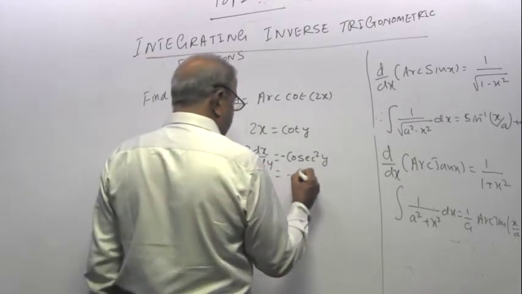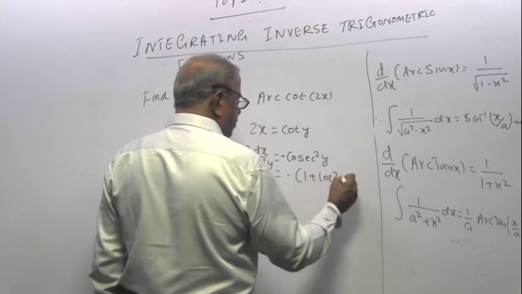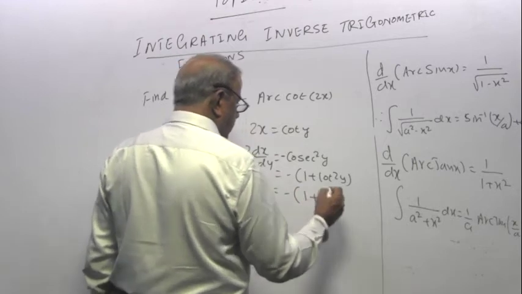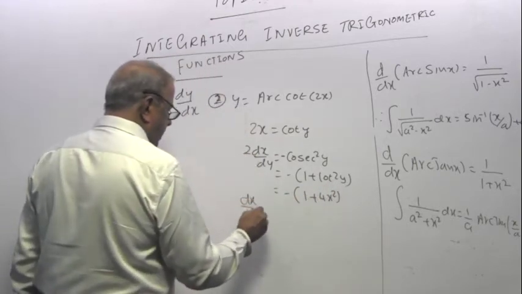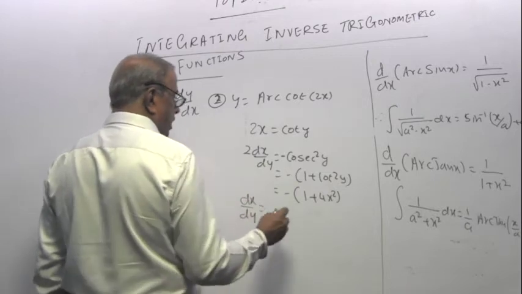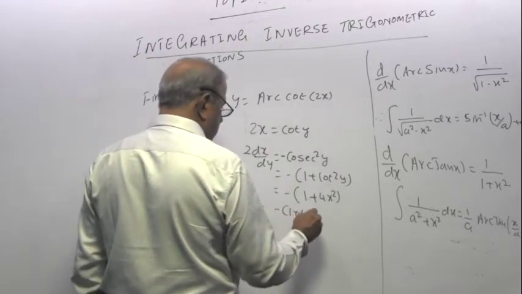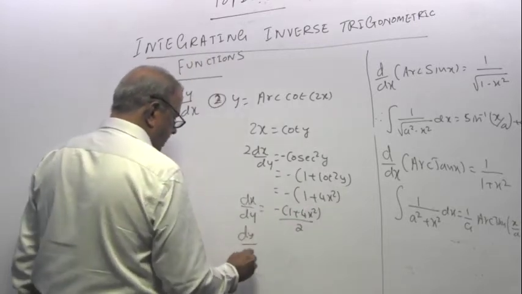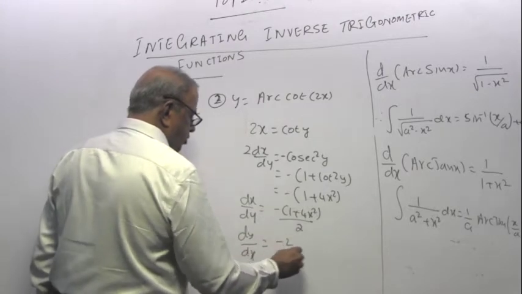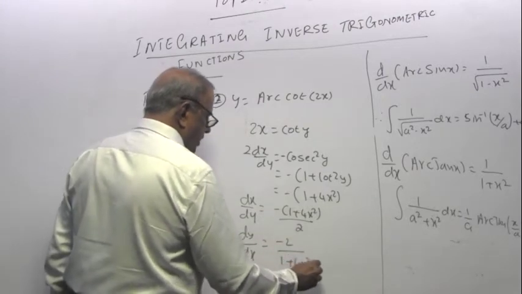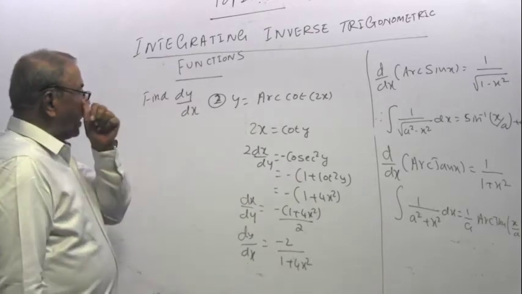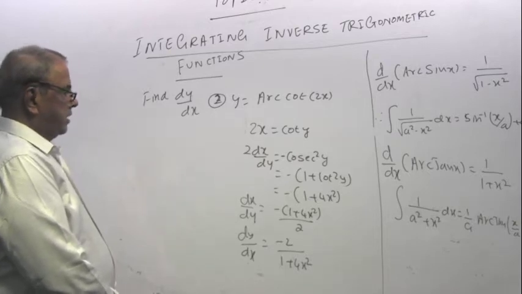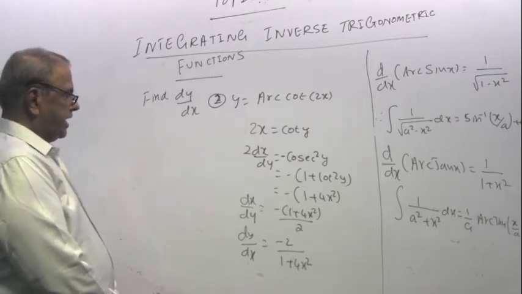So it is minus of 1 plus cot squared y, which is minus of 1 plus 4x squared. So dx by dy is minus of 1 plus 4x squared over 2. So dy by dx is minus 2 over 1 plus 4x squared. I hope I am correct. Yes, minus cosec squared, 1 plus cot squared, 1 plus 4x squared, dx by dy is that.